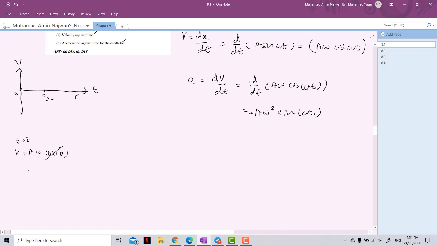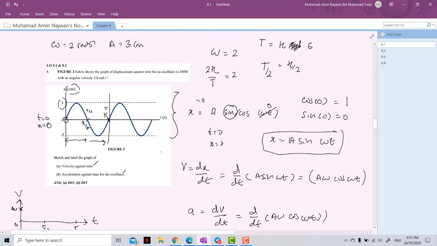Bila cos kosong ni 1, so V sama dengan A omega, which is over ni A omega, ni negative A omega, which is over here. Okay, bila T sama dengan T per 2, V kita sama dengan A omega cos, okay, 2 pi per T darab dengan T per 2.